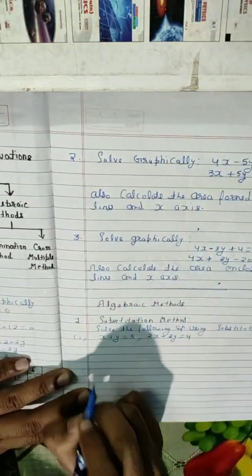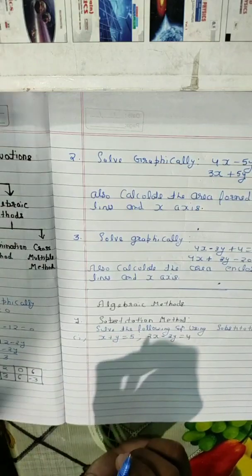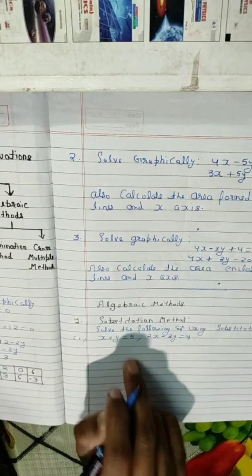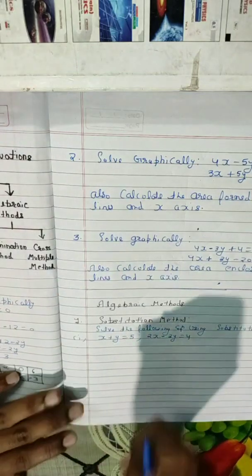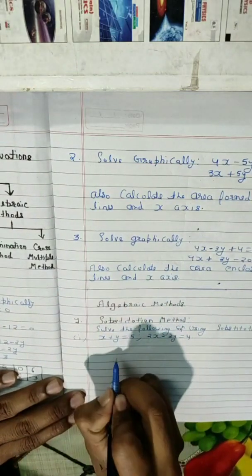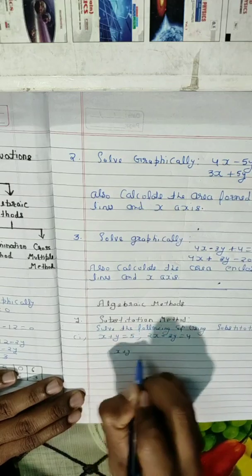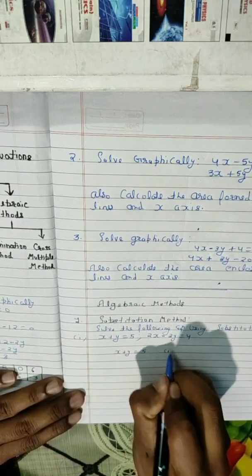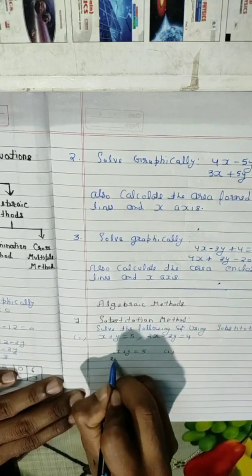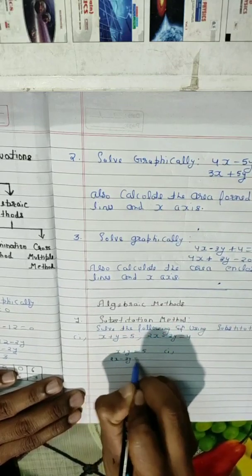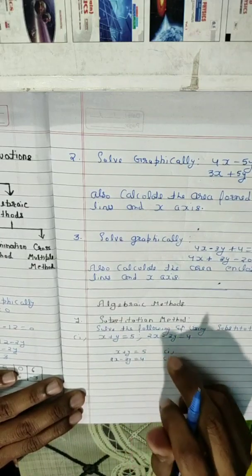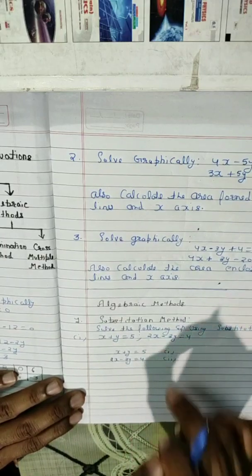Now what we do, first of all, we choose one of the two equations randomly. So let us take this one, x plus y is equal to 5. Let us name this equation number 1, and the other one, 2x minus 3y is equal to 4, equation number 2. Now first select one equation.